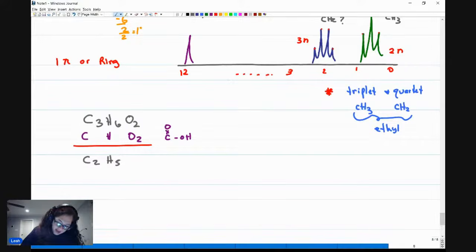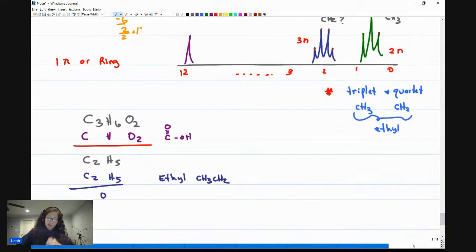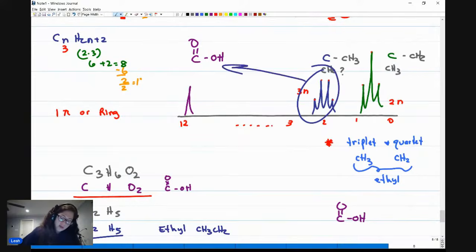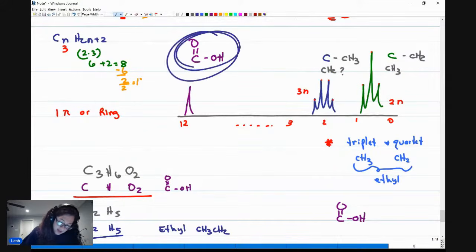And then I can account for these 2 groups separately, or I can say, hey, I found an ethyl group, which is a CH3 and a CH2. That is C2H5. I got nothing left. My molecule is good to go. I have my carboxylic acid. Attached to that, I have my blue group. And I know that the blue is attached to the purple because it's the most exciting group.